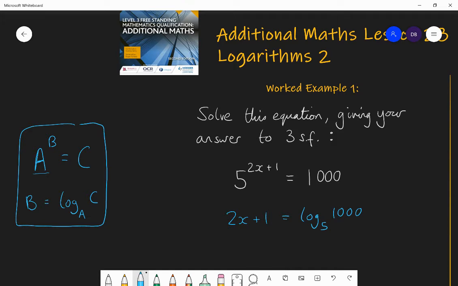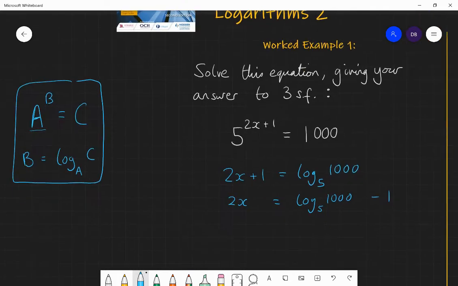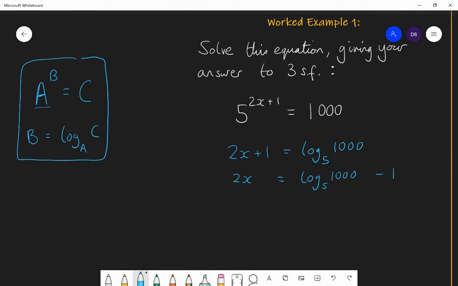So next, I just want to find what x is equal to. So I subtract 1 from both sides. So 2x is equal to log base 5 of 1,000, subtract 1. Remembering that the take away 1 is outside of the logarithm. Okay, so it's log base 5 of 1,000. It's not log base 5 of 1,000 take away 1. It's log base 5 of 1,000. Then you pause to dramatic effect. Then you subtract 1.